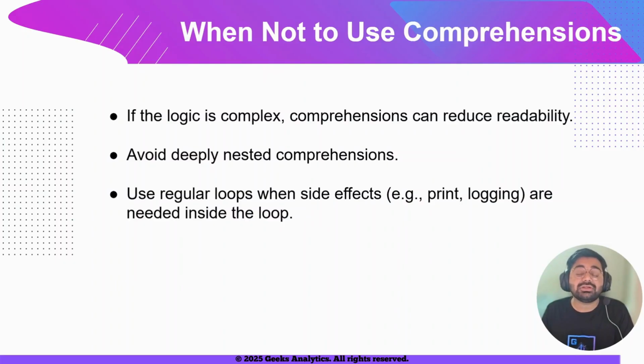After a certain point, multiple conditions and multiple nested loops may not even be possible in comprehensions. As I said, avoid deeply nested comprehensions. You would still have to use regular loops when you are going to print some values, or store some values to log, just to debug later whenever there are issues in the code.